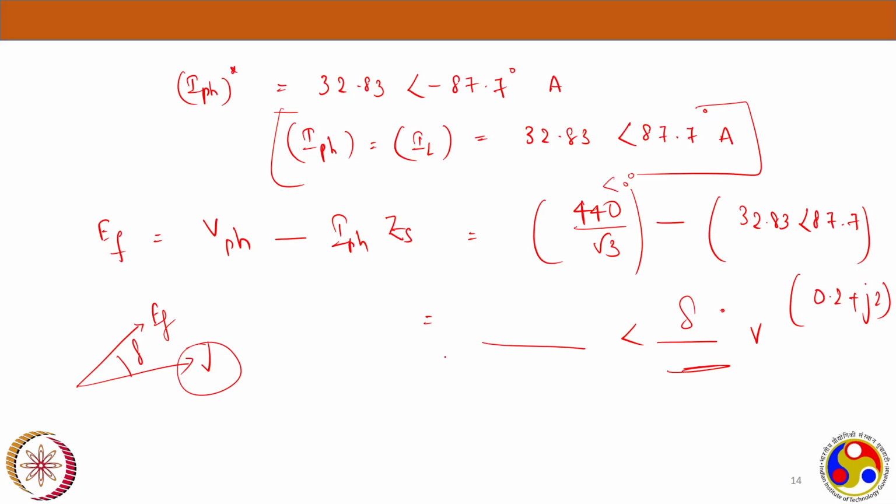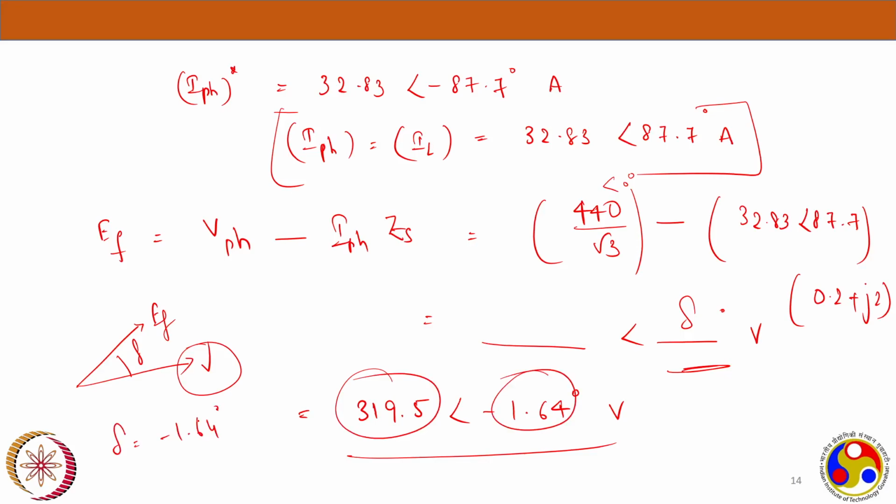Okay, so the excitation voltage would be 319.5 at an angle of minus 1.64 volts. So this is the magnitude of the excitation voltage, and the angle is nothing but the delta. Delta is equal to minus 1.64 degree. Also observe what exactly you have been asked in the question.